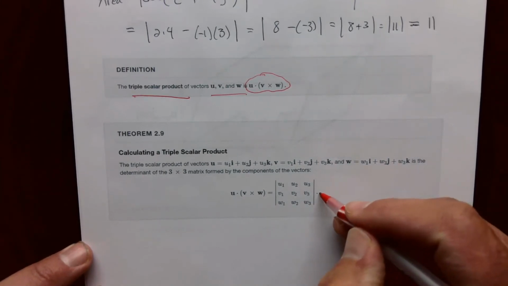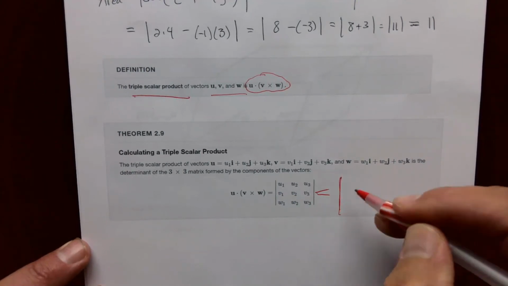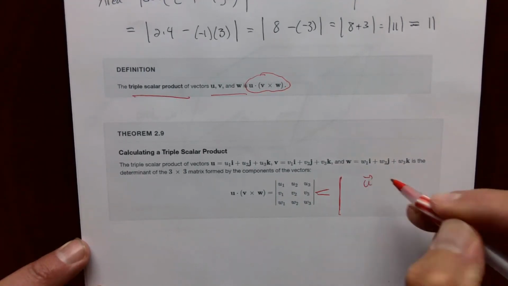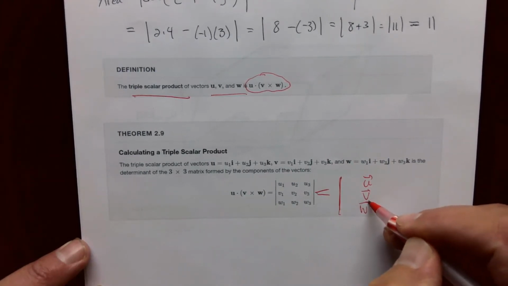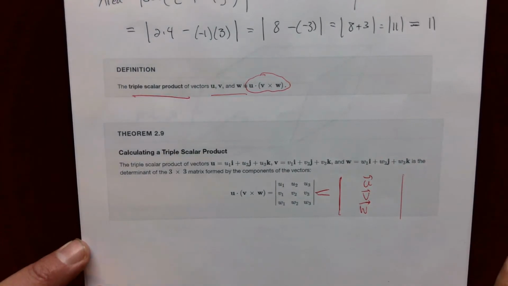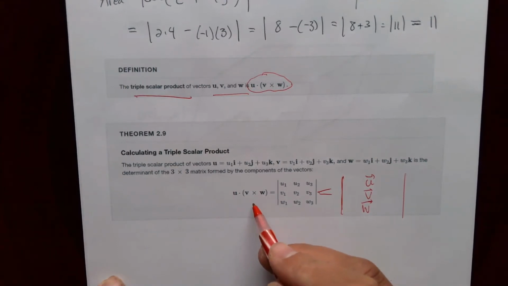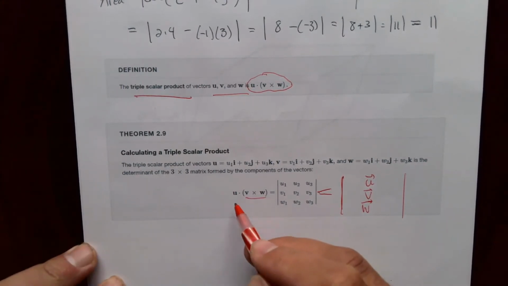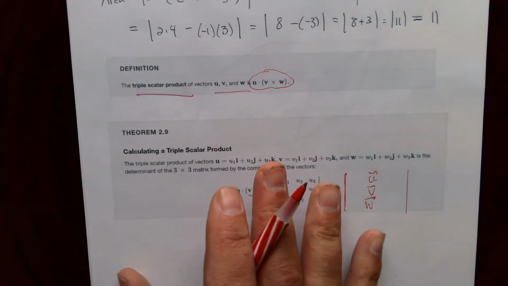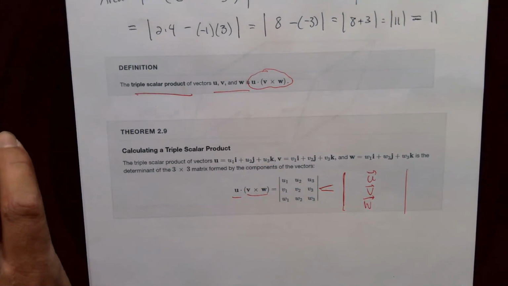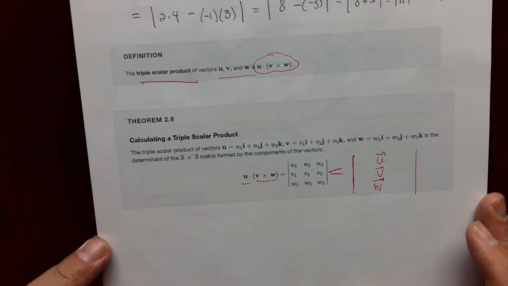What we mean by that is that the determinant of this matrix, the matrix you get by putting the components of U in the first row, the components of V in the second row, and the components of W in the third row, is equivalent to doing separately the cross product of V and W and taking the dot product of that with U. Let's just investigate that for a moment and show that that's true.